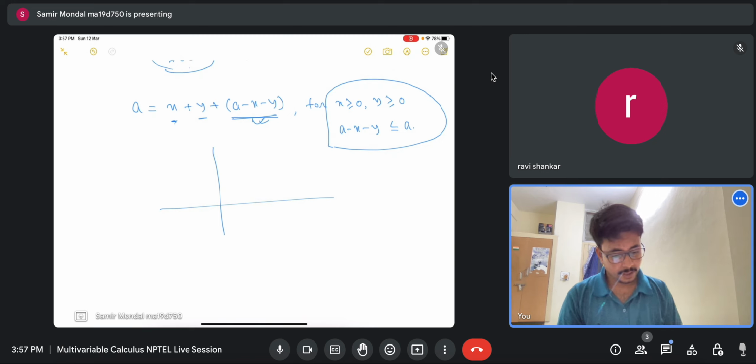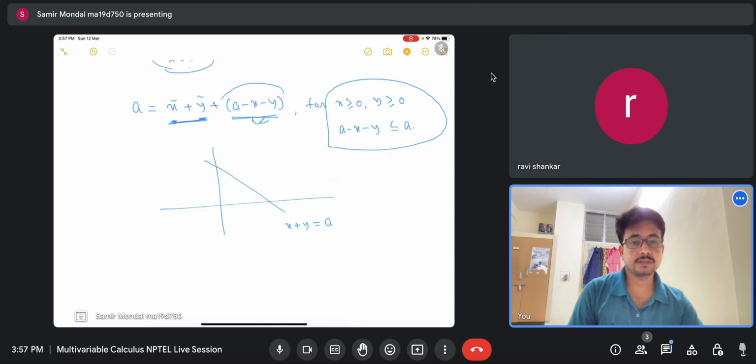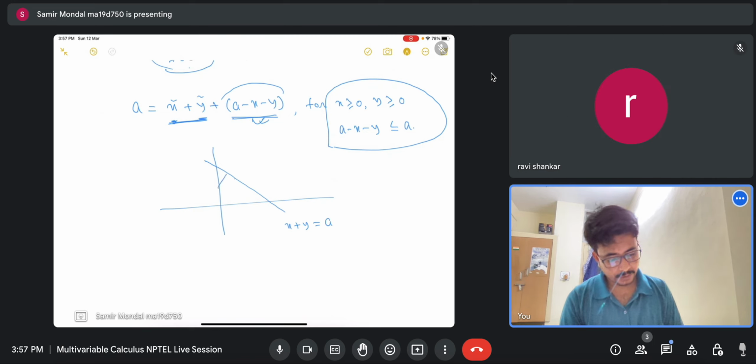If x plus y is a, then the remaining quantity should be 0. So the maximum upper bound of x plus y is a, because we are dividing a. So the point (x, y) should be in this region: it may be here, on this line, or inside.